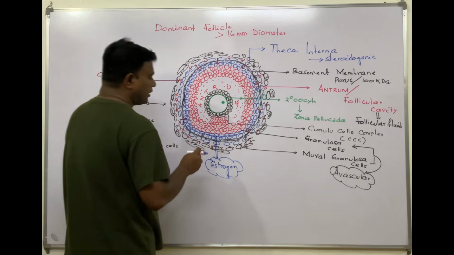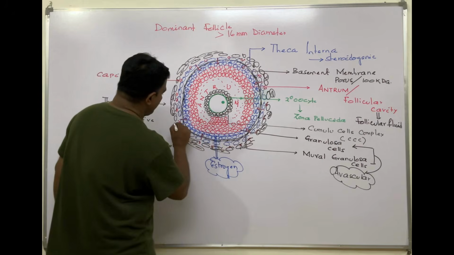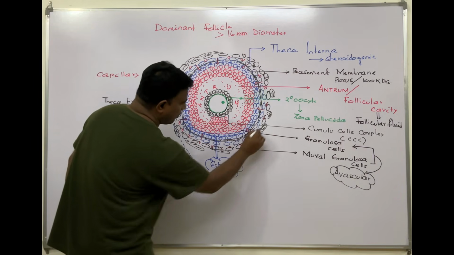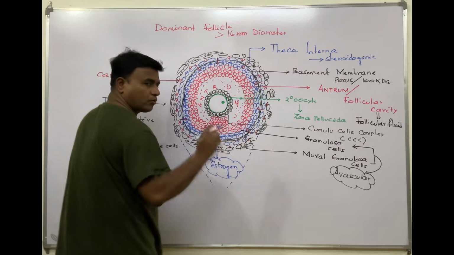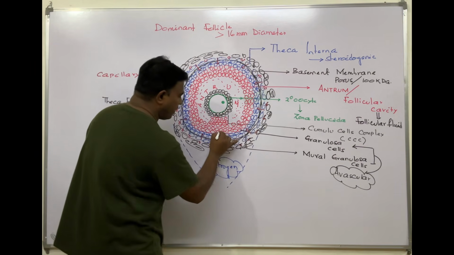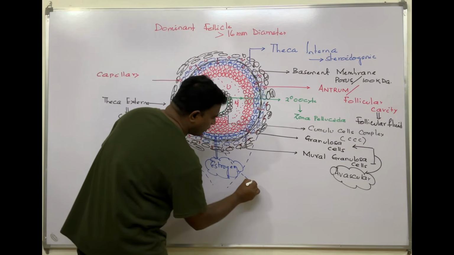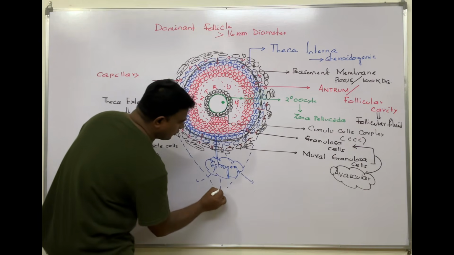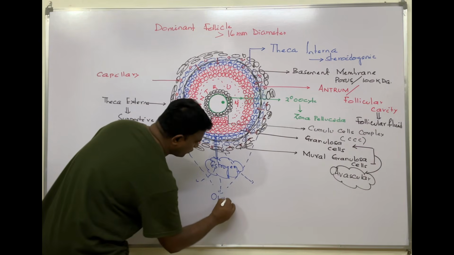And when we see ovulation, there will be formation of a stigma, or a bud-like structure, at the weakest point of the follicle, where the secondary oocyte will come out along with the cumulus cells, and that is known as ovulation.